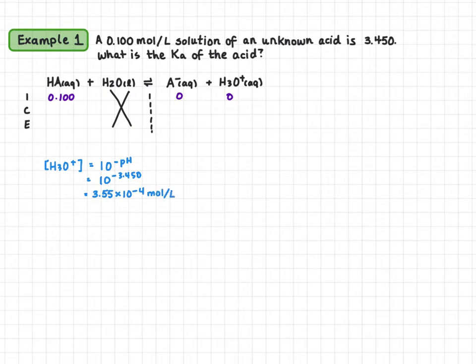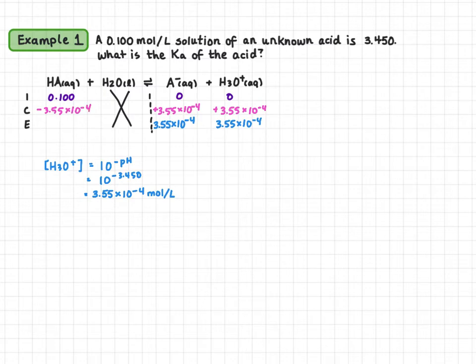We can fill that in for both of our equilibrium concentrations, and we know that that's therefore the change. So our change for our products is positive 3.55 times 10 to the negative 4 moles per liter, and our change for the reactants will be negative 3.55 times 10 to the negative 4 moles per liter.